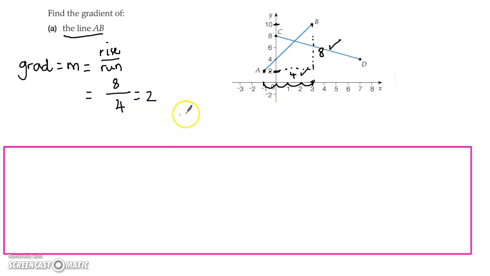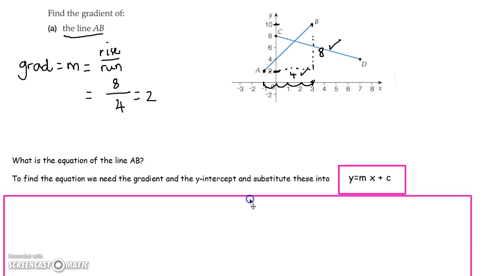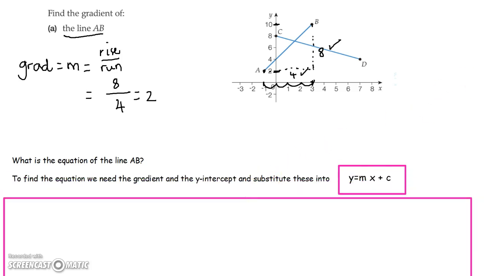Fairly simple. We can extend this even further by getting the equation of the line, because if you remember, if we want to get the equation of the line, we just need to use this y equals mx plus c. If you recall from our worksheet that we did, our gradient is the m, and this c was just the y-intercept.